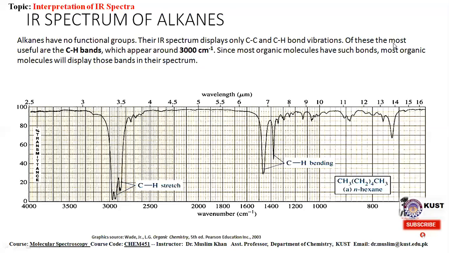Of these, the most useful are the carbon-hydrogen bands, which appear around 3000 cm⁻¹. Since most organic molecules have such a bond, most organic molecules will display those bands in their spectra.